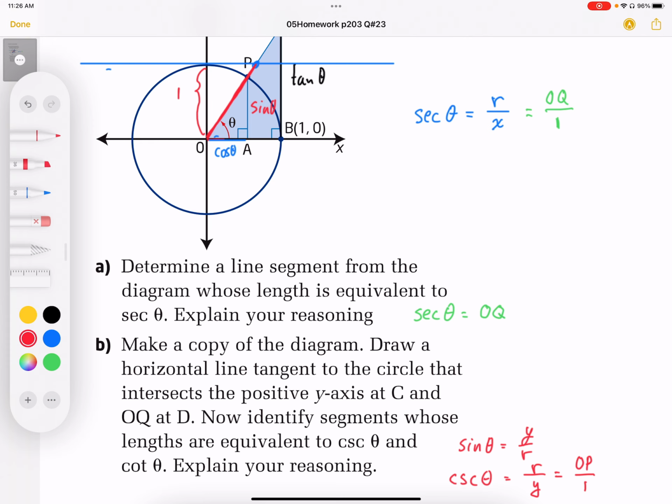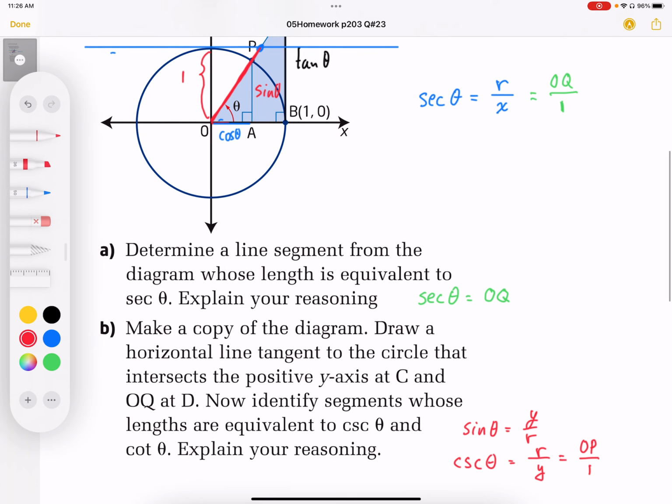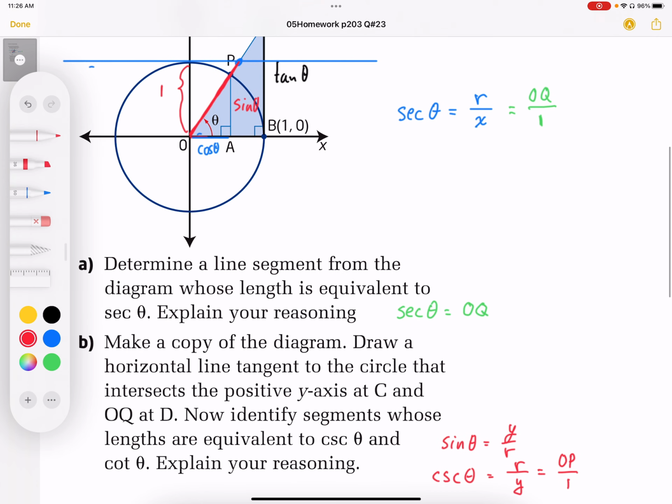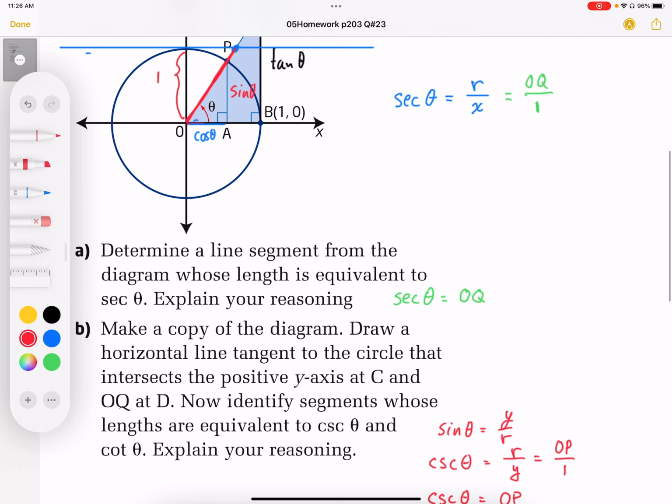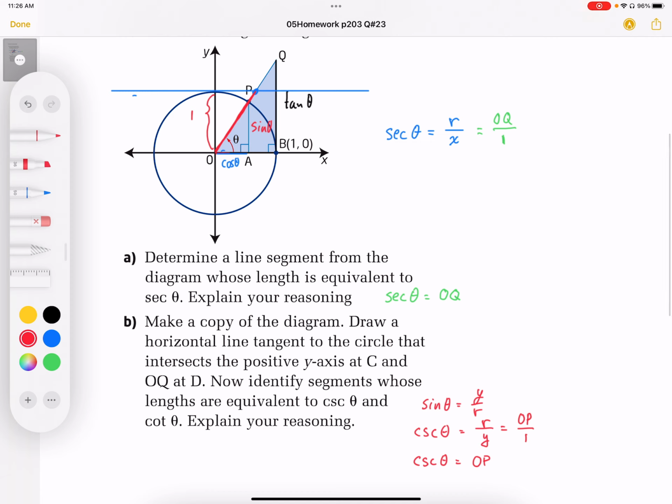And now in this case, the vertical line y is equal to 1. So that line OP then must represent the cosecant ratio. That line is equal to OP.